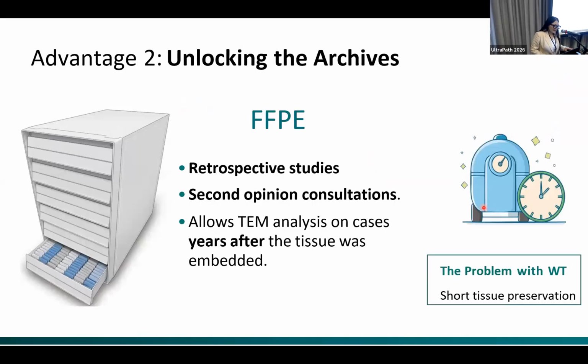Another advantage is the possibility to perform these ultrastructural studies in retrospective cases and in second opinion consultations, and this opens the barrier of the tissue fixation, because in the wet tissue it's impossible to perform these ultrastructural studies when all the tissue has already been embedded.